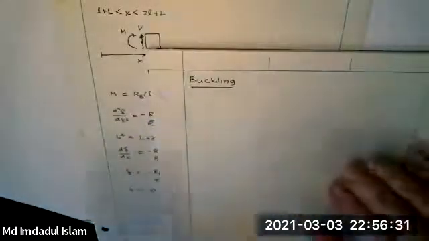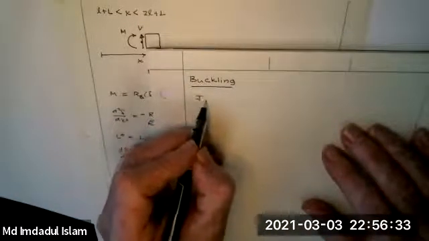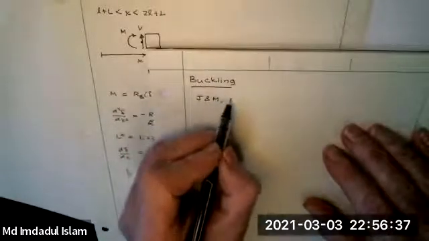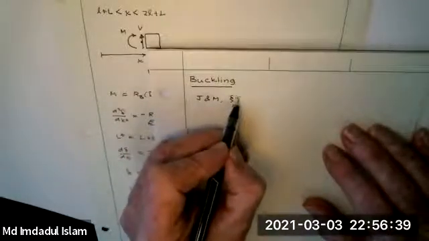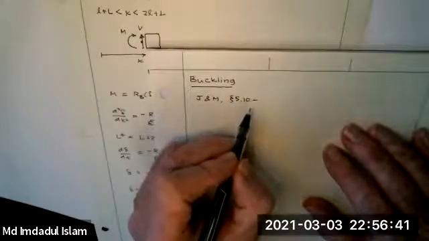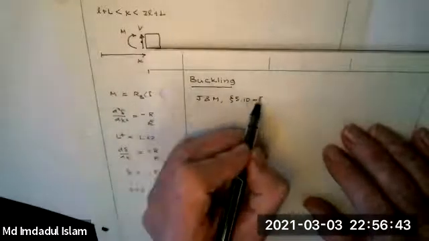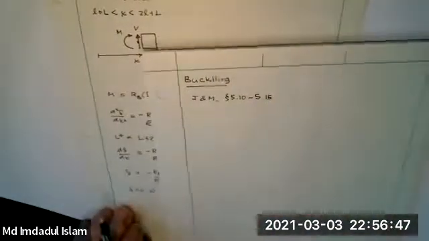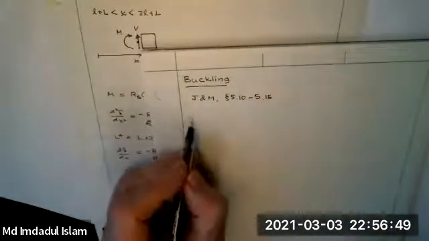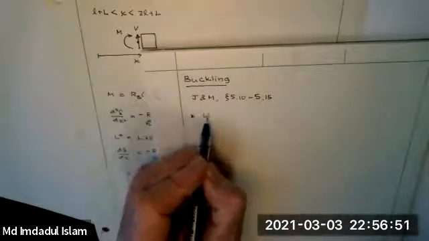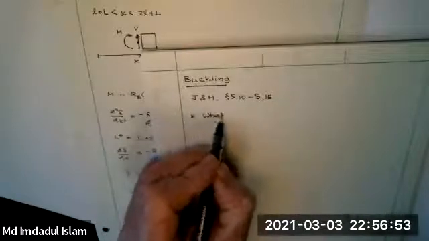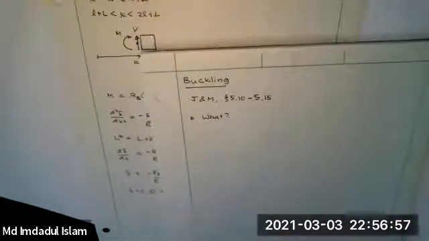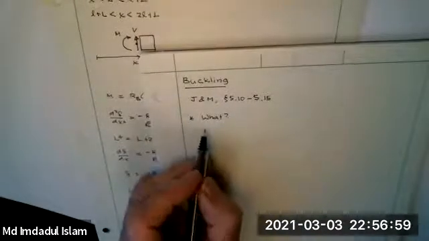There's a significant discussion of this in your book, Juvinall and Marshek. And we'll cover most of what's there. Okay. But what is buckling? It's large deflections caused by compressive load.